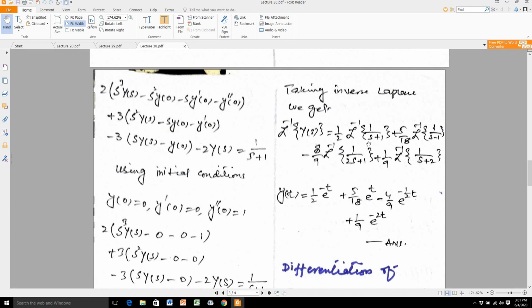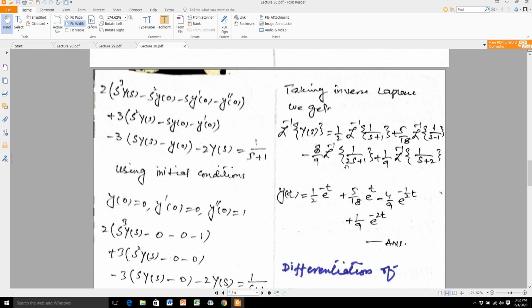And you know that this is the formula of the exponential function. This is the Laplace of the exponential function. We get 1 over 2 e raised to the power minus t, and then 5 by 18 e raised to the power t, and then here this 2 is extra. We take this 2 as a common term. When we take this 2 as common, we take it outside, and here it divides 1 by 2.